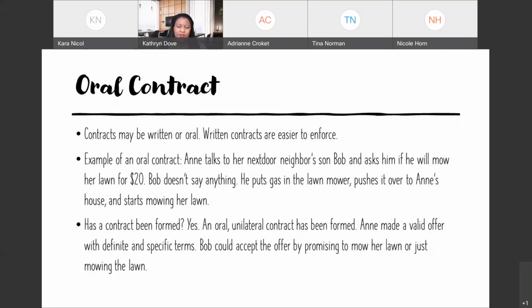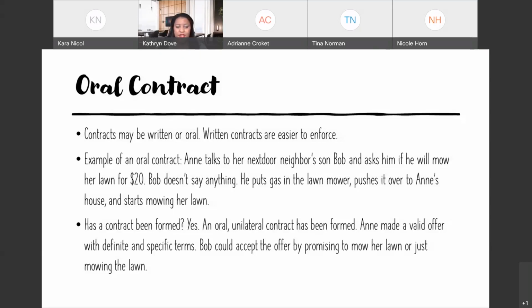Yes. Good. That would be an oral unilateral contract. Unilateral simply means one promise. So a contract is a promise or set of promises. Anne promised to pay Bob $20 if he would mow her lawn. Now, rather than saying, I promise to come over tomorrow and mow your lawn, Bob took the initiative to just start mowing.